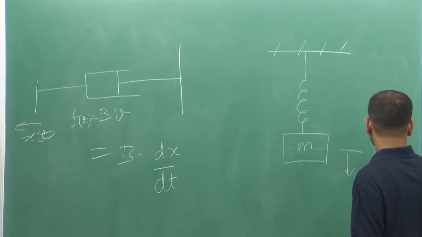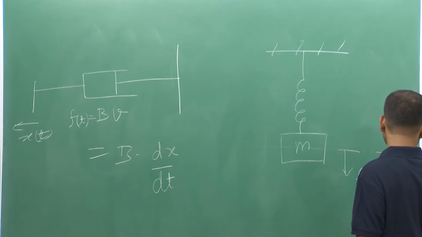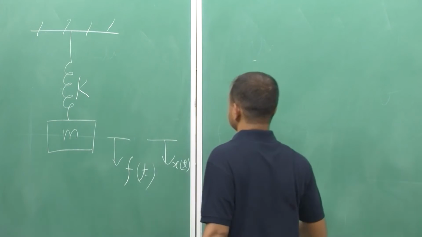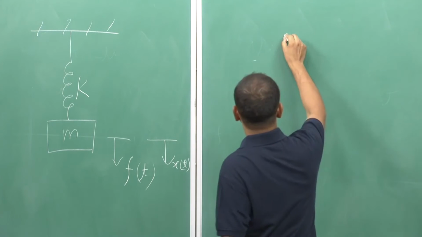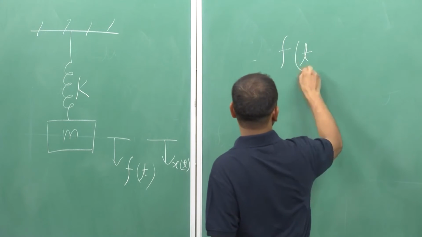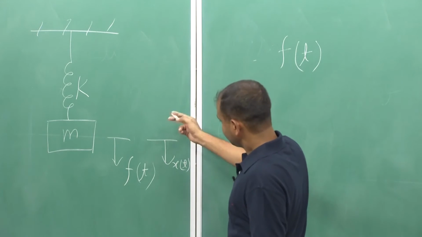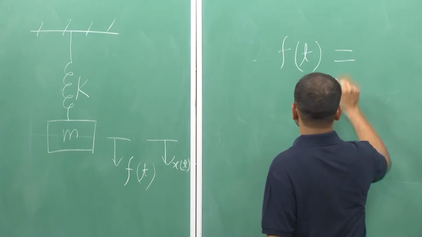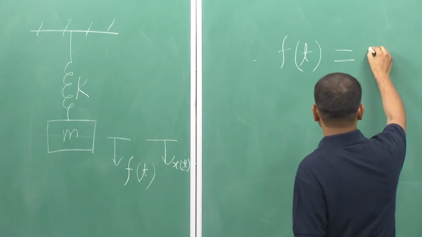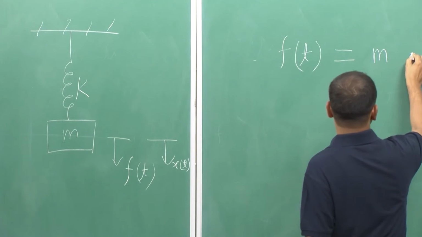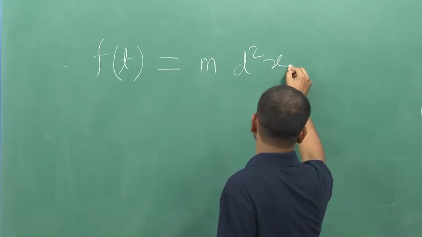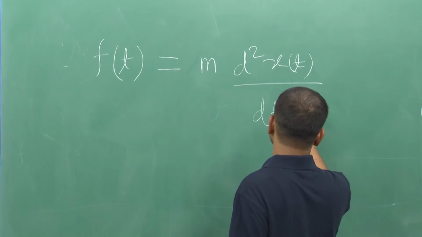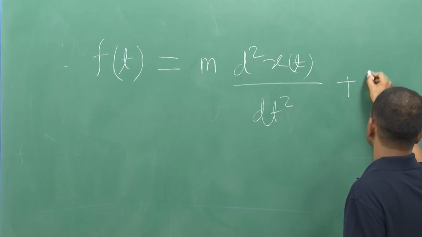The displacement is x of t, and the spring constant of this spring is k. When we apply the force f of t, the opposing force and the applied force will be equal. So, we can write f of t is equal to m d square x of t, this is the inertial force, and the force due to the spring.